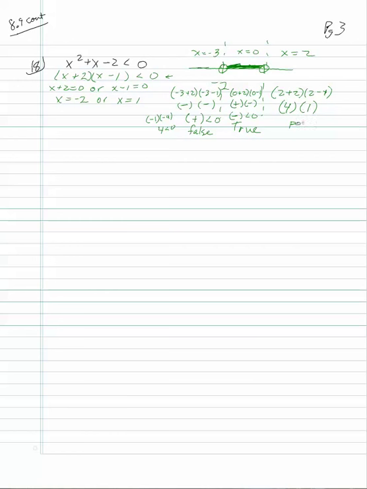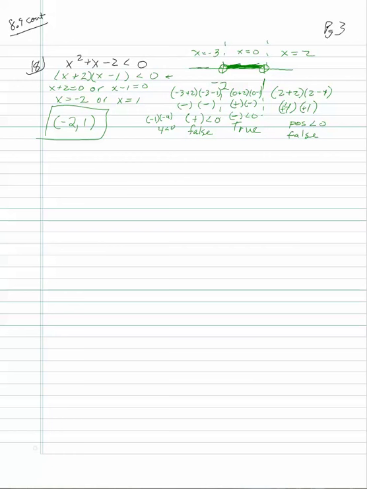And if you prefer, you can write 4 times 1, which will give me positive 4. Is positive less than 0? That's false. So our solution set is just the interval between negative 2 and 1. There you go.